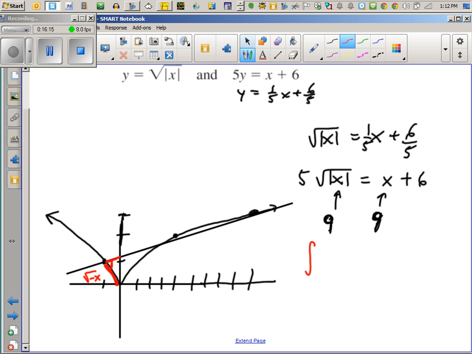Integral of the line minus that lower curve. And this is only true between -1 and 0. So I'm going to put limits on here, -1, 0.